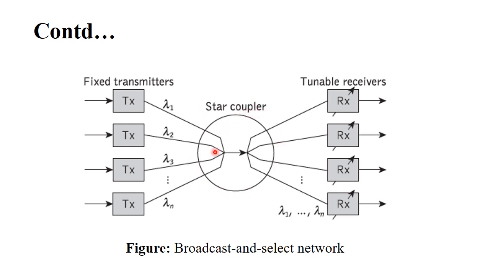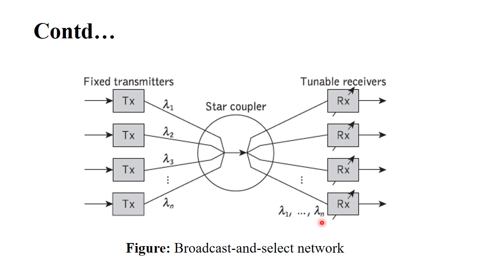Now coming to the concept of broadcast. At the transmitter side all these transmitters make a transmission with their respective wavelengths lambda 1, lambda 2 up to lambda n. At the receiver side each of these receivers is going to receive all the wavelengths of light starting from lambda 1 up to lambda n.